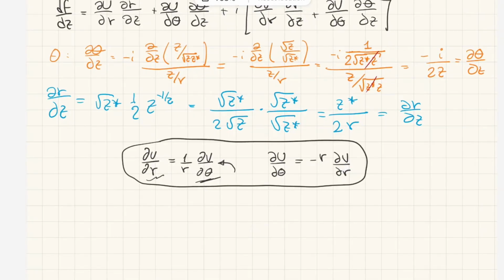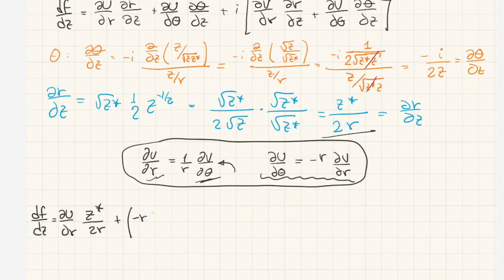And then we are going to start to substitute on the derivative of f with respect to z. Okay, so the derivative of f with respect to z will be the derivative of u with respect to r, and then the derivative of r with respect to z, which is this. So it is z conjugate divided by 2r plus the derivative of u with respect to theta, but that is this.